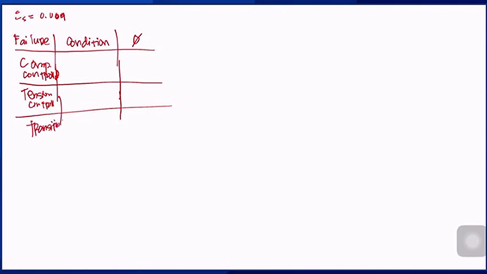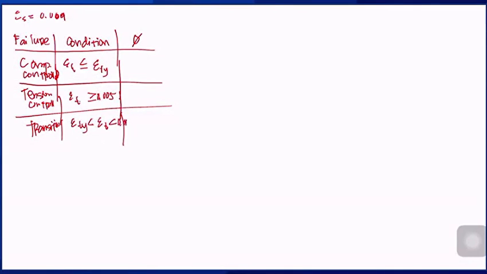If epsilon sub t is less than or equal to epsilon ty, this is epsilon t greater than or equal 0.005. Epsilon ty is between epsilon t and 0.005.